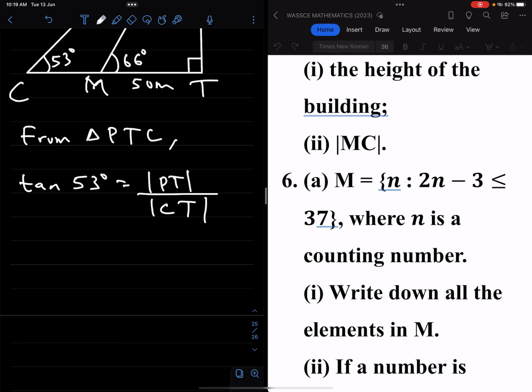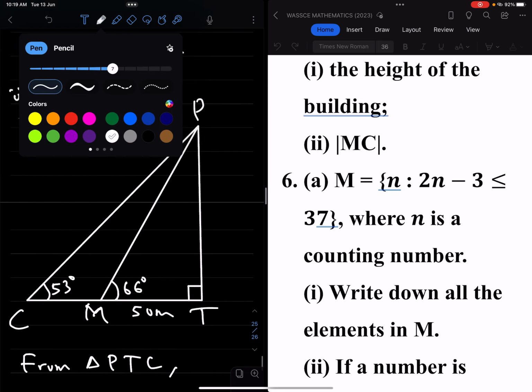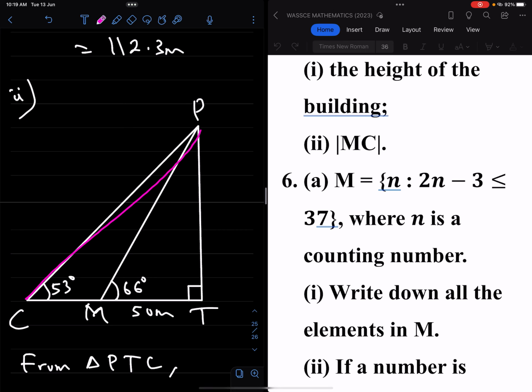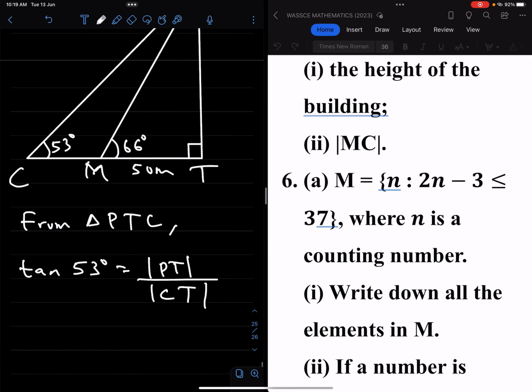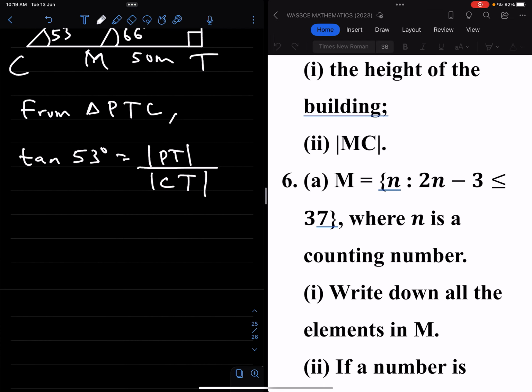The adjacent is CT. I'm talking about this right angle triangle PTC. Tan 53 in that triangle is PT over CT, and that simply means it is equal to PT.